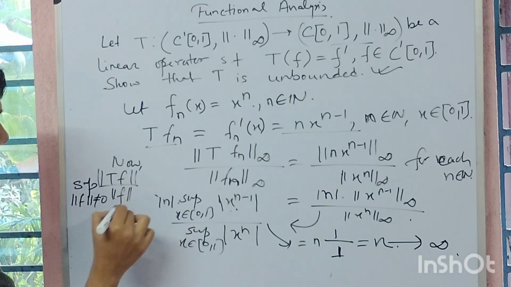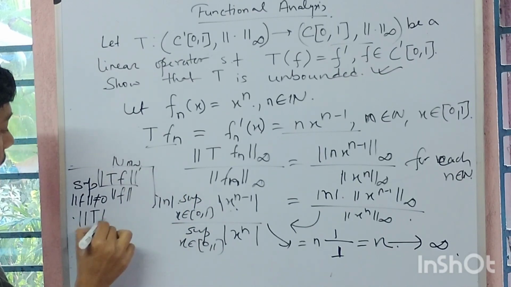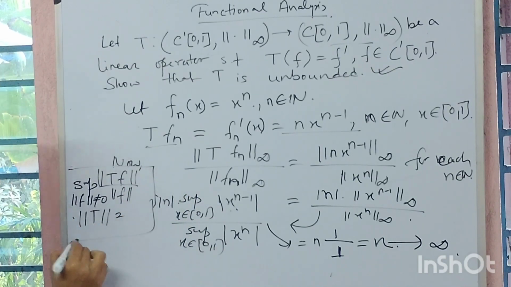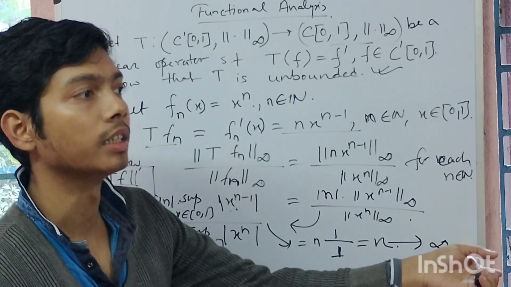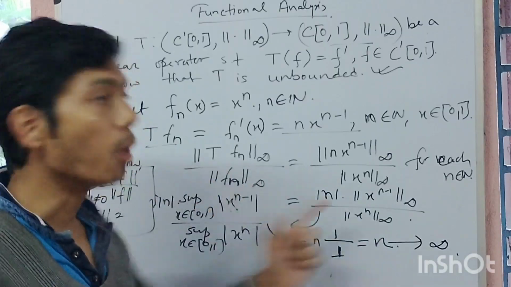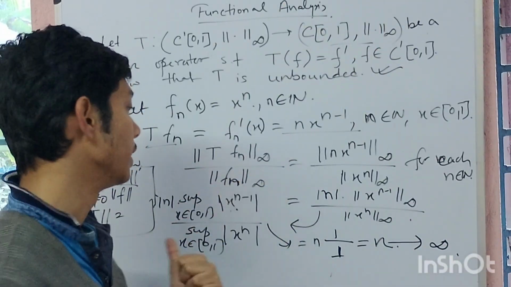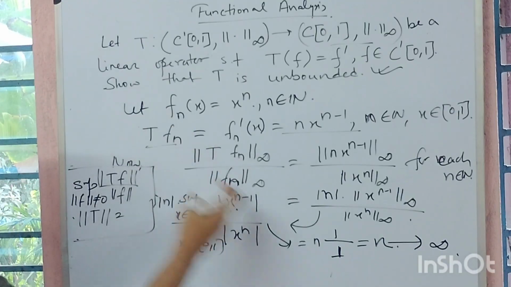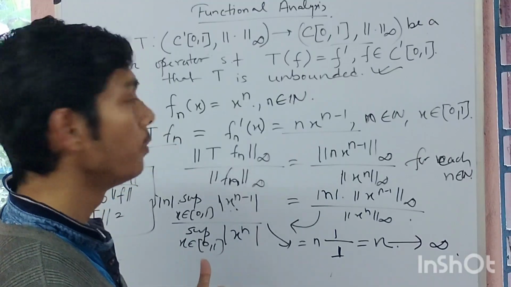But I am taking a few functions and it's going to infinity. So its supremum over all f is bound to go to infinity. So it's not bounded at all. Fine. So it has been proved.